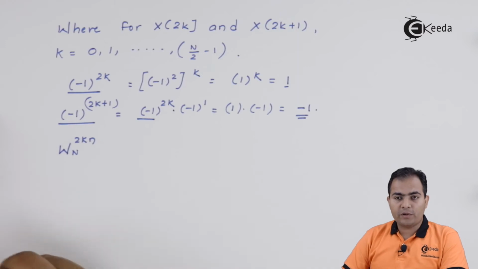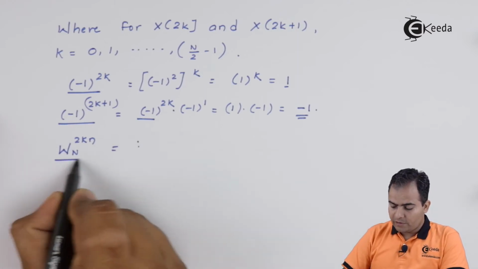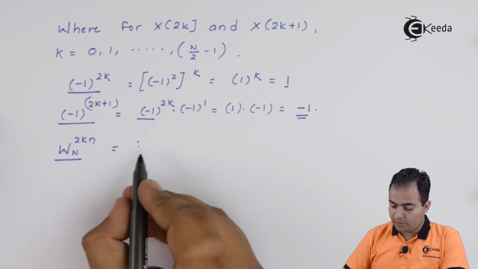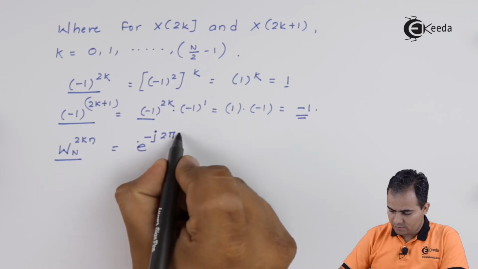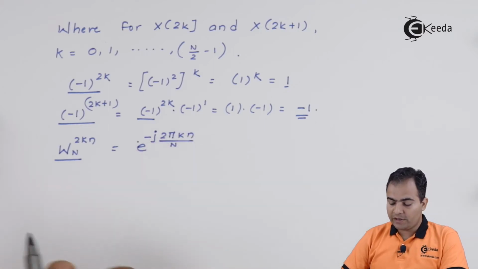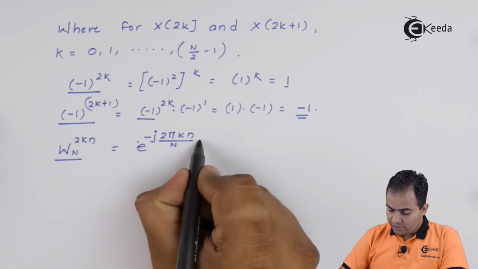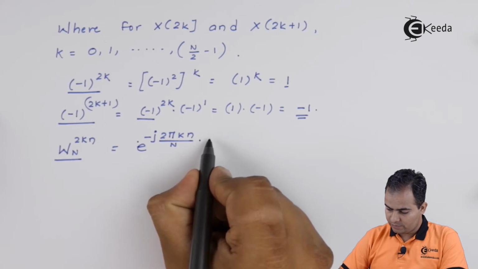Now one more thing we are going to calculate, that is omega n to the power 2kn. Now we have studied the twiddle factor formula, that was e to the power minus j2 pi kn by n, and here we have multiplied this power by 2.